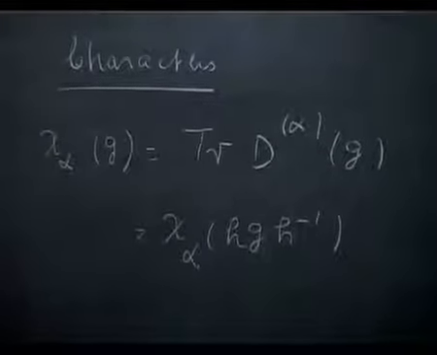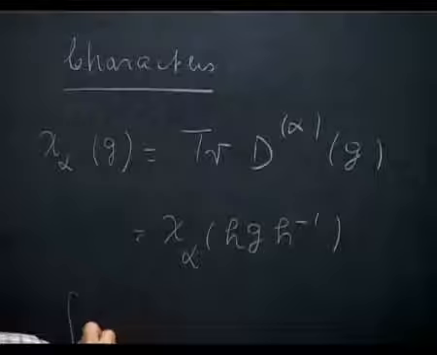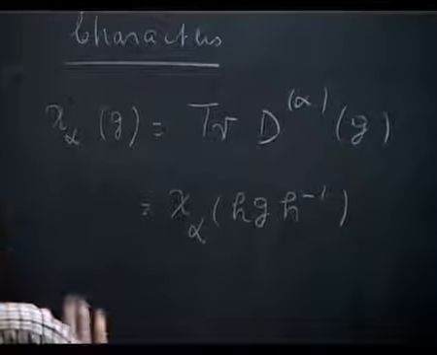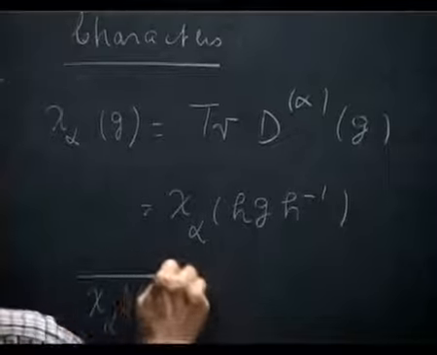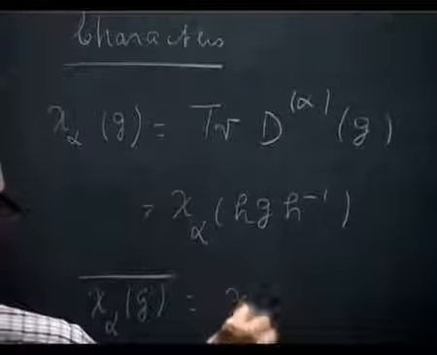They have orthogonality relations. We know that chi alpha G bar is chi alpha G inverse.